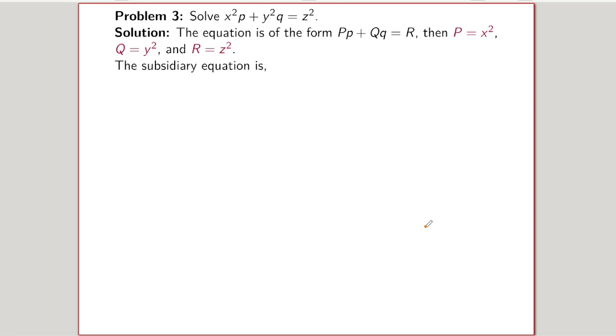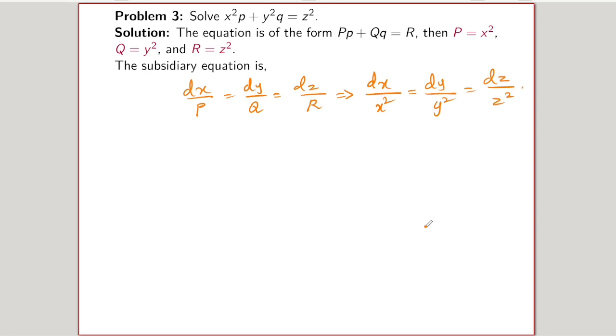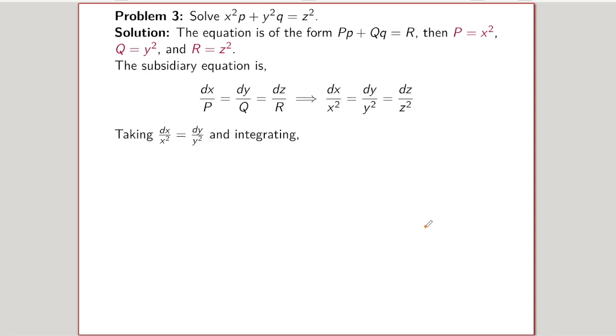So the subsidiary equation will be dx by P equal to dy divided by Q equal to dz divided by R. So replacing the terms we will be getting dx by x square, dy divided by y square, and dz divided by z square. So this is the subsidiary equation. Now taking first two pairs, we'll be getting dx by x square, this is equal to dy divided by y square.